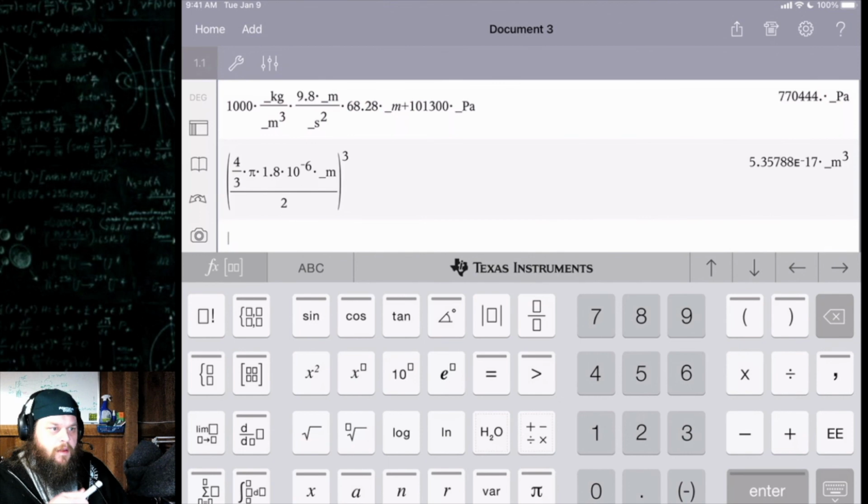So the volume of that sphere down below is going to equal this, 5.358 times 10 to the negative 17 cubic meters.